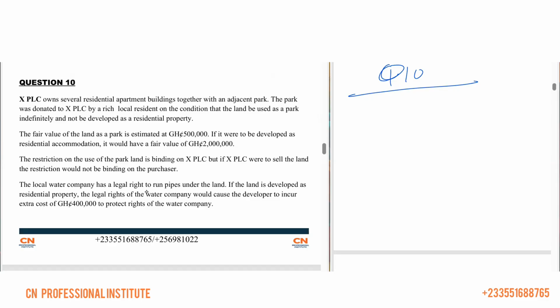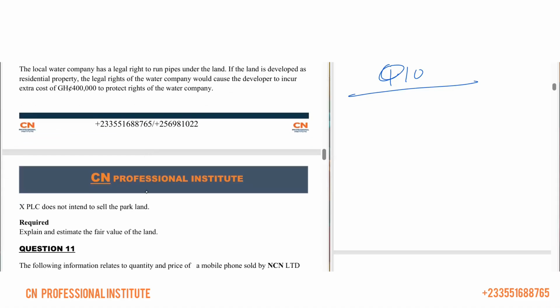The local water company has a legal right to run pipes under the land. If the land is developed as residential property, the legal rights of the water company would cause the developer to incur extra cost of 400,000 to protect the rights of the water company. X PLC does not intend to sell the park land. Required: explain and estimate the fair value of the land.